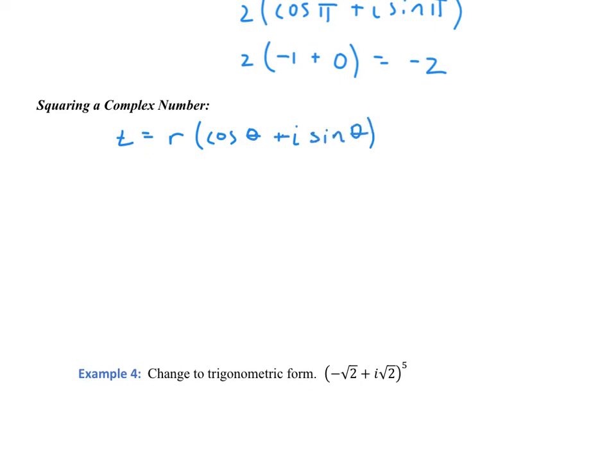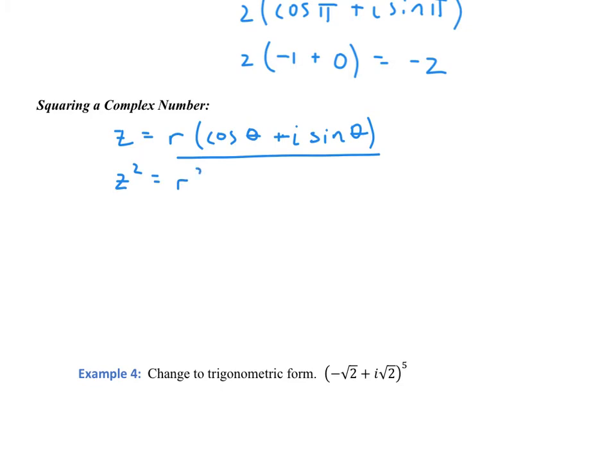And if I said, all right, find z squared, well, what I'm going to end up doing is taking this and multiplying it by itself. Since we just did multiplying, what would that mean if you take something and multiply it by itself? Use the multiplication formula. What would you do?